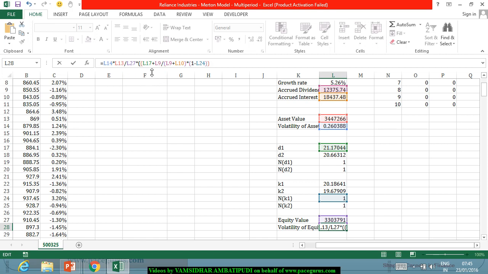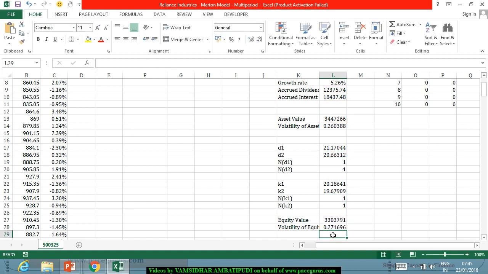So multiplied by ND1 plus ND1. Oh, I've taken it as D1, sorry. So here we should take it as ND1. This is the mistake that I made. If I simplify it, yes, the volatility is coming out to around 27.17%. Now I can do the same kind of simplification by minimizing the error values.